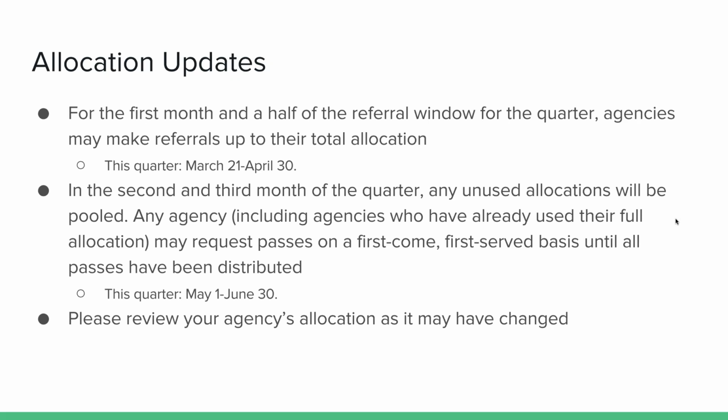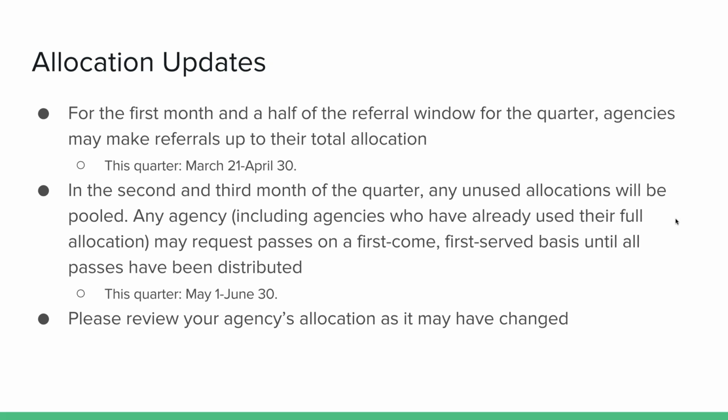That means that if your agency had requested passes up to your total allocation by the end of the month, April 30th, starting May 1st, you can start requesting passes again. For agencies who did not use your full allocation, that means that those remaining passes that you did not request up to April 30th will be up for grabs by all of the agencies who participate in UPLIFT.